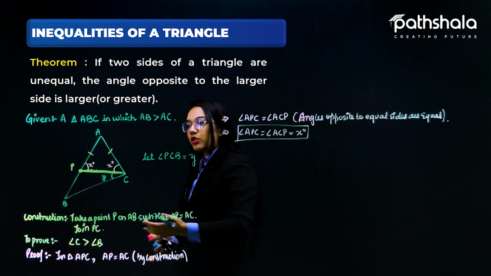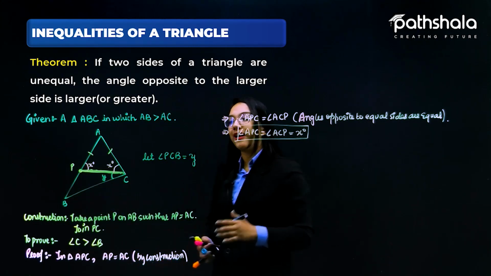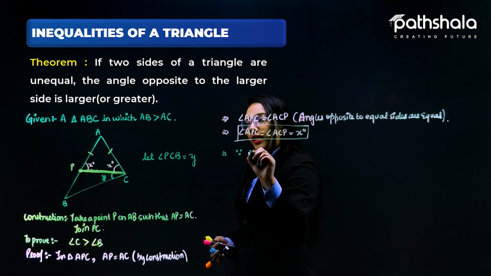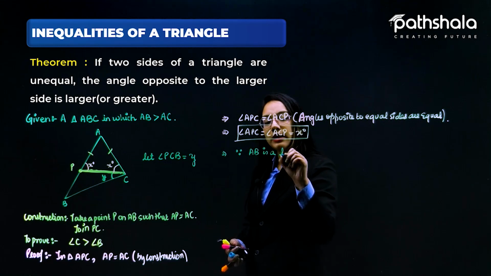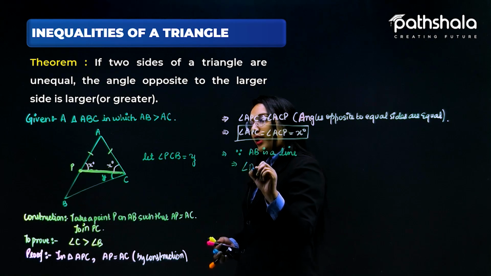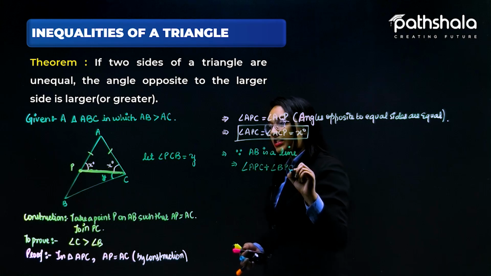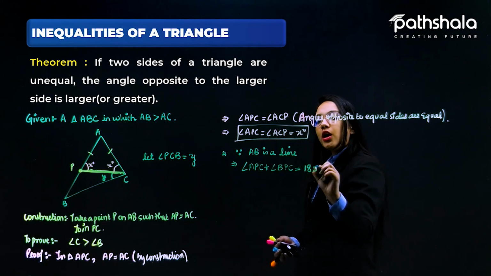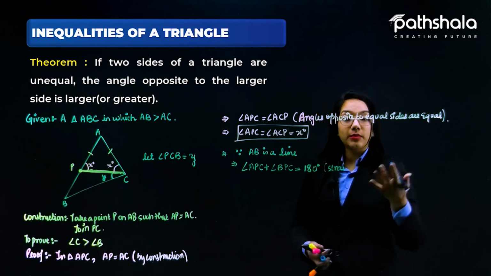Now let's talk about the angle BPC. Obviously, since AB is a straight line, the angle APC plus the angle BPC should be equal to 180 degrees. This is a straight angle, or a linear pair.